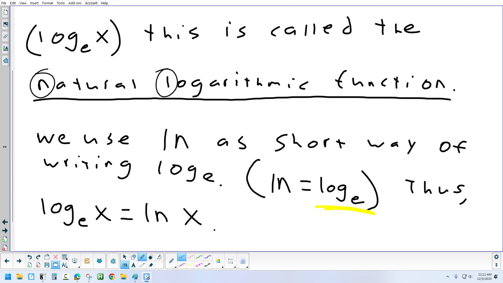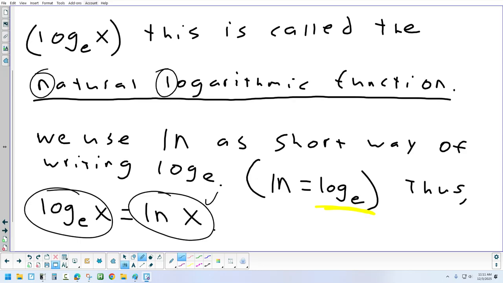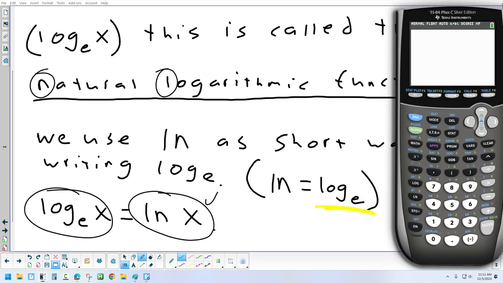And that's it for abbreviations. There's no other logs that have special abbreviations. If you have a log with a base of 7, you just have to write log base 7. There's no special word for that. So this is exactly the same as that. This is how you'll see it, like that. And the button for natural log is right below regular log.